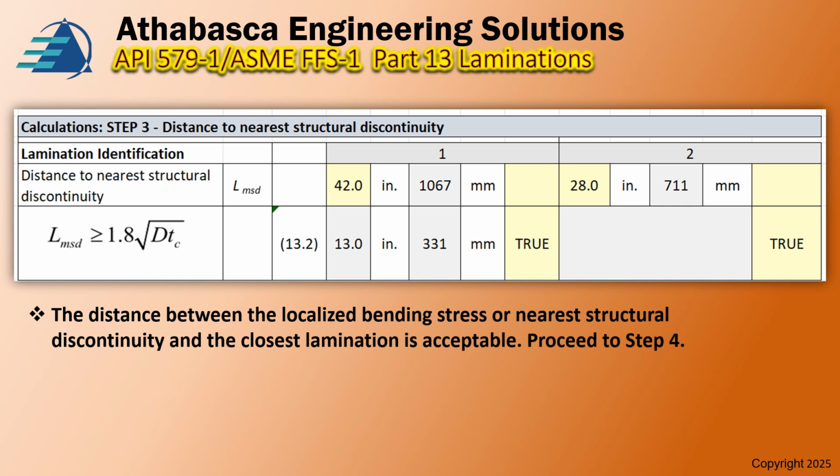So we have 42 inches, which is greater than 13 inches. So we are true. So the distance between the localized bending stress or the nearest structural discontinuity and the closest lamination is acceptable. So we can continue our evaluation of level 1.